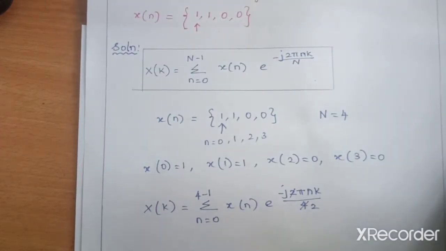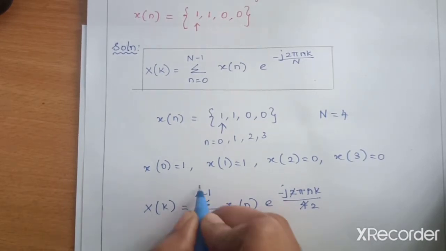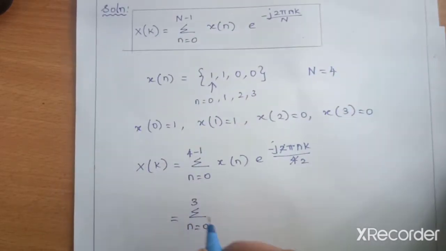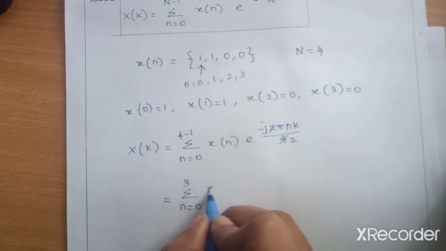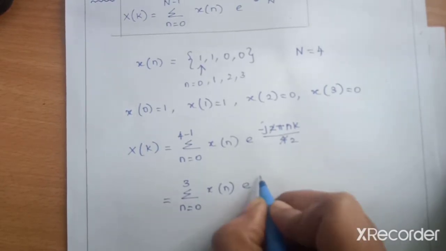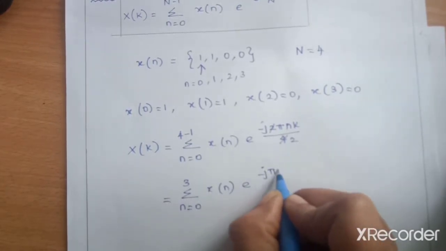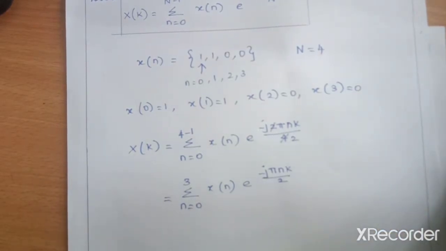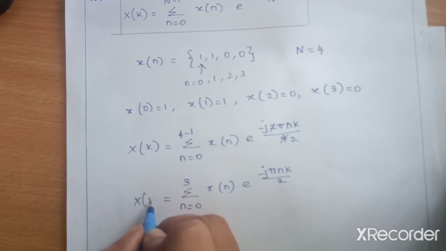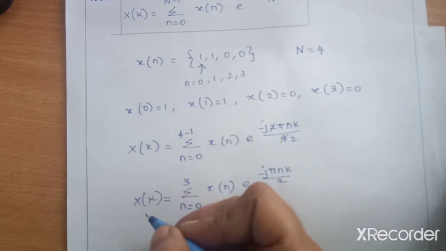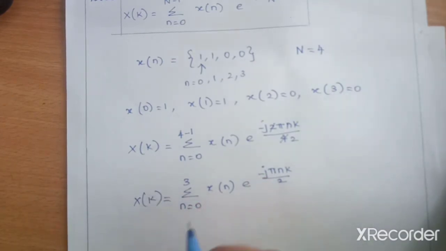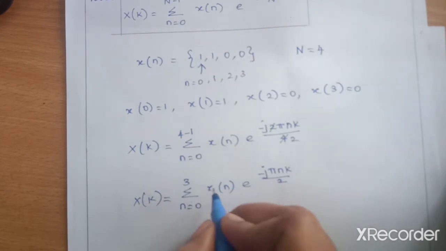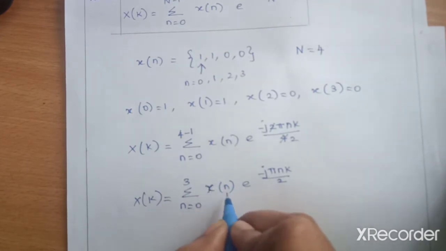Now the equation will become summation of n is equal to 0 to 4 minus 1, that is 3, x of n e power minus j pi n k divided by 2. So this is the equation for X of k. So now you have to substitute the value of x of n.